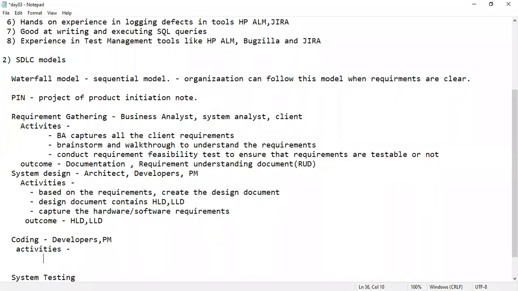What are their roles? As per the high level and low level design, what are they going to do? They will create the programs. Exactly. What else?